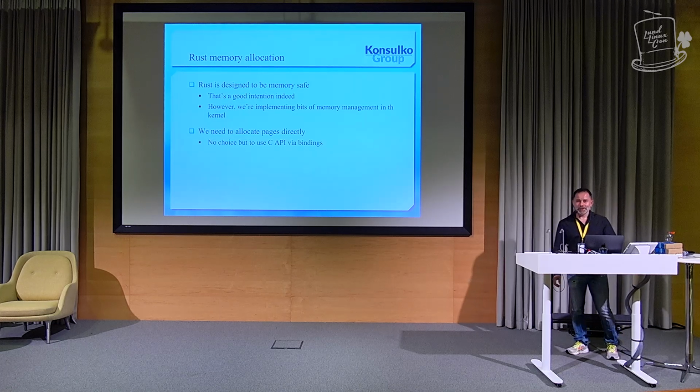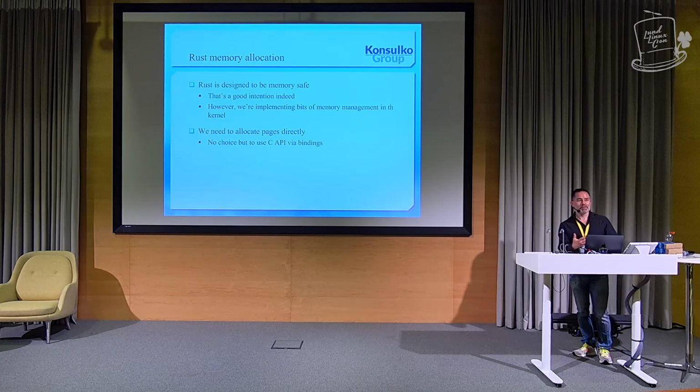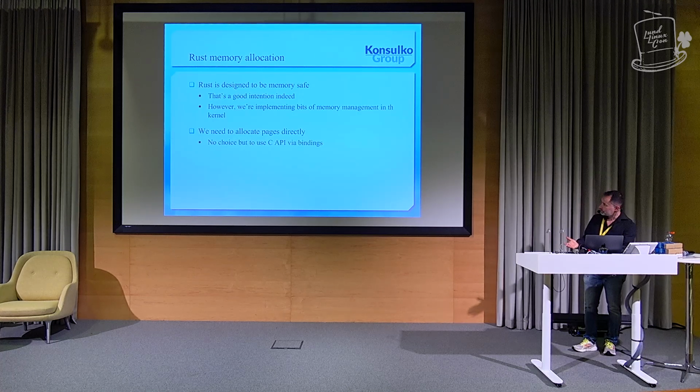Rust and memory allocation. Well, writing a memory allocation driver, a backend in Rust is somewhat challenging because Rust is designed to be memory safe, but this implementation can't be, because we are allocating and freeing memory on our own, because that's basically the purpose of what we do.